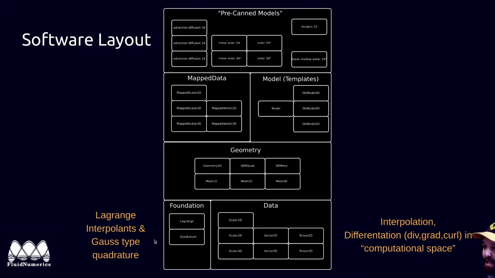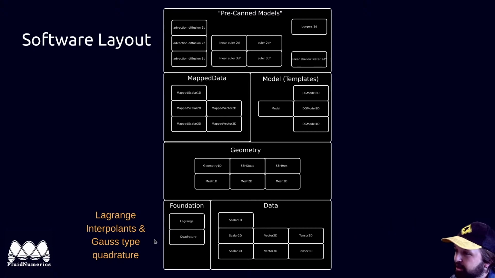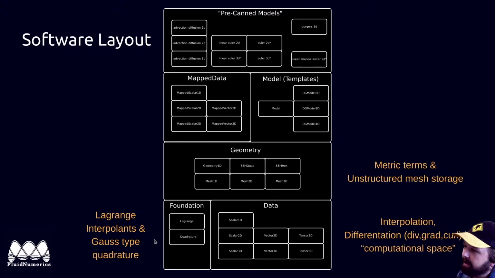What you really need to do things in physical space is geometry, and that's what's up on the next layer above. We actually use those scalar, vector, and tensor classes to store physical positions as a function of the computational coordinates.